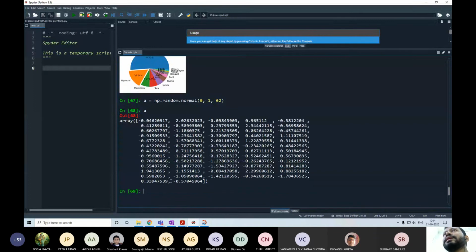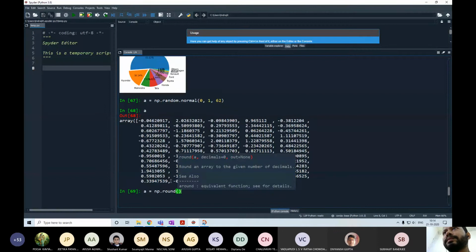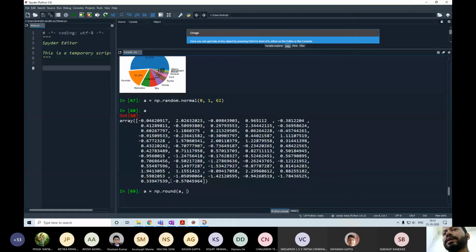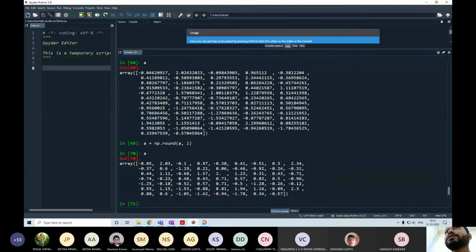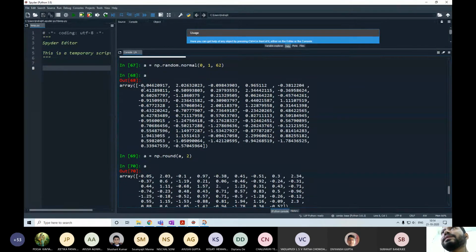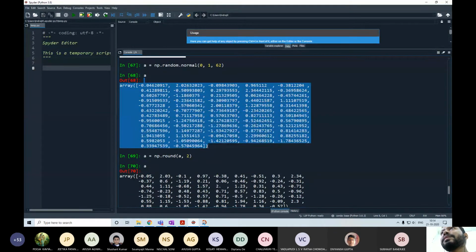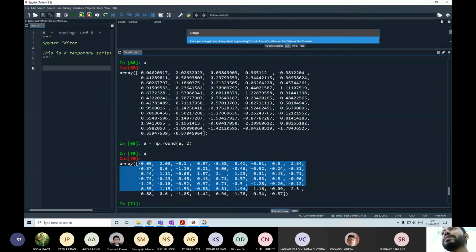Actually, let's round that up to 2 decimal places. So this new version of A is the same data rounded to 2 decimal places.